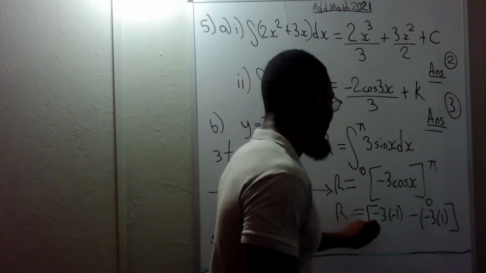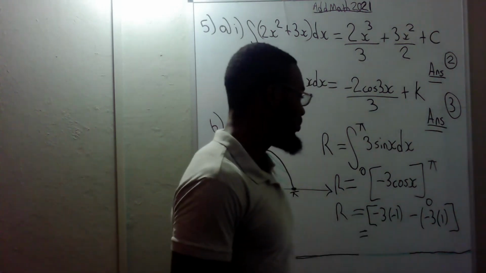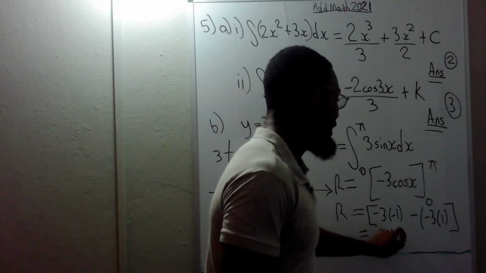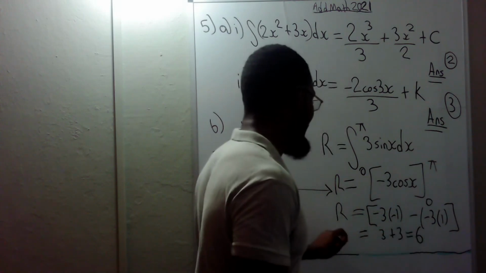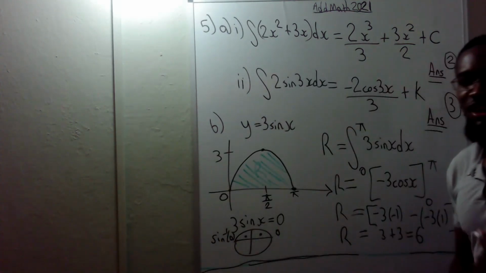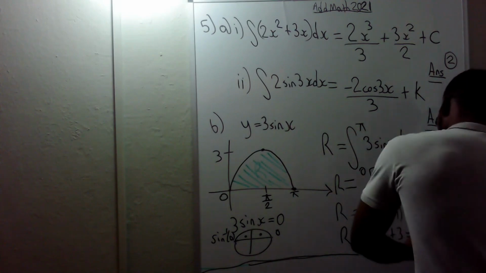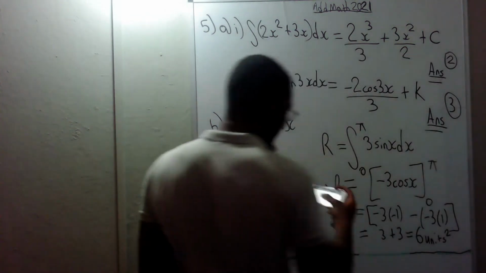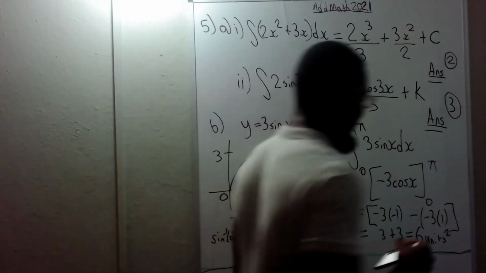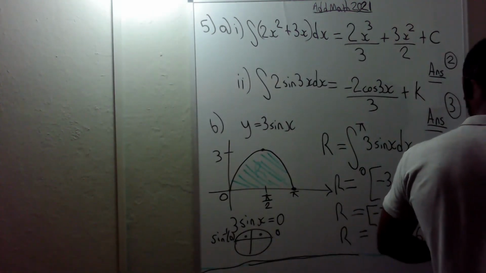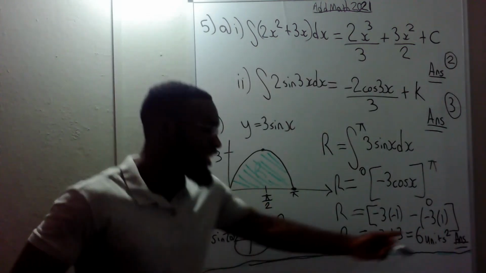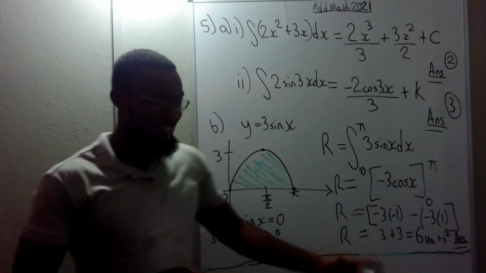Close up those brackets, minus and minus become plus, so this becomes 3 plus 3, which is 6. Now guys, area is always units squared, so it's 6 units squared. That's the answer, 6 units squared. So you get this?